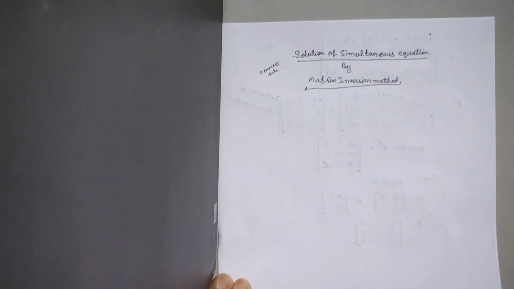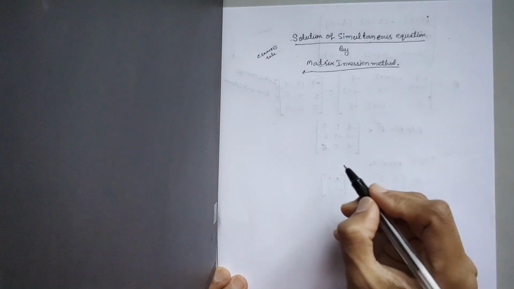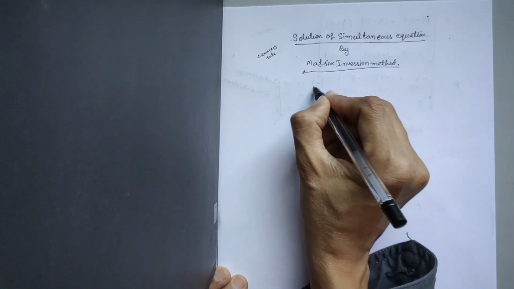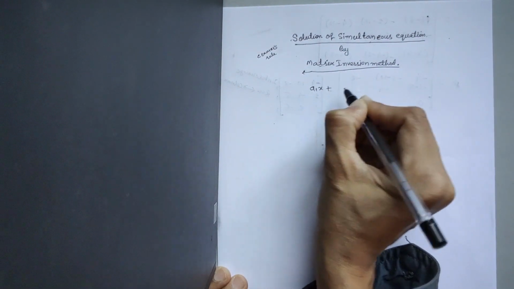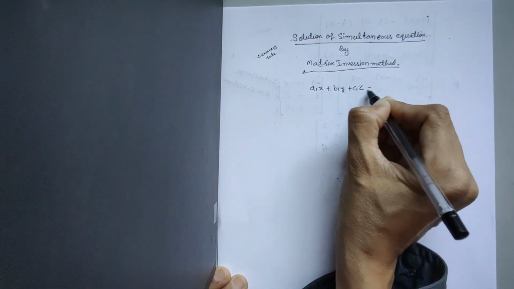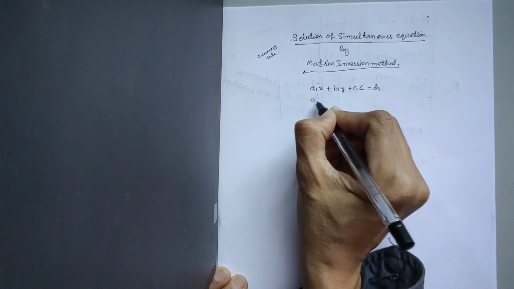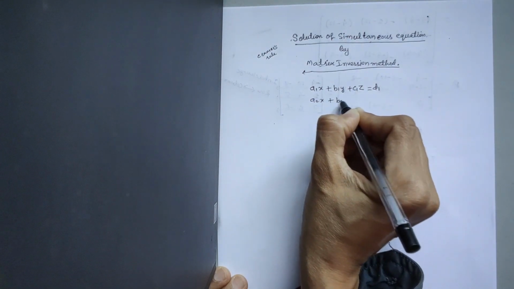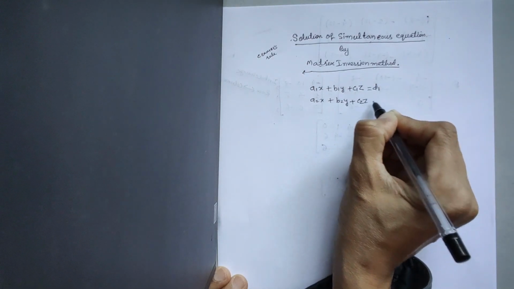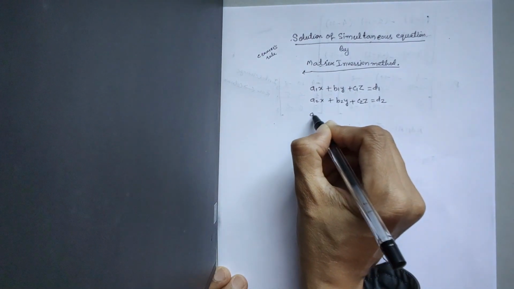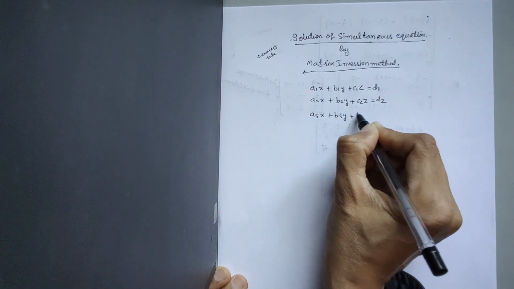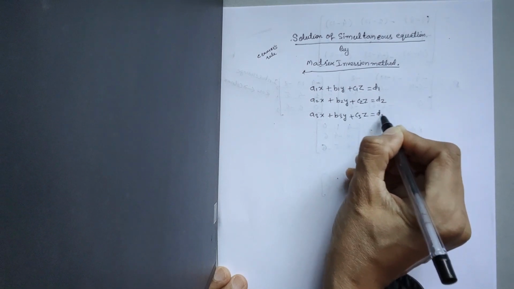So first of all, we see how we write the given equations into matrix form. Suppose I have the equations a1x plus b1y plus c1z equal to d1, a2x plus b2y plus c2z equal to d2, and a3x plus b3y plus c3z equal to d3.